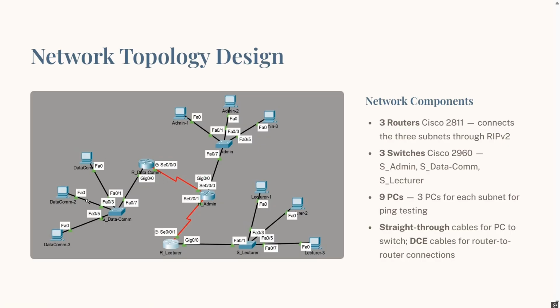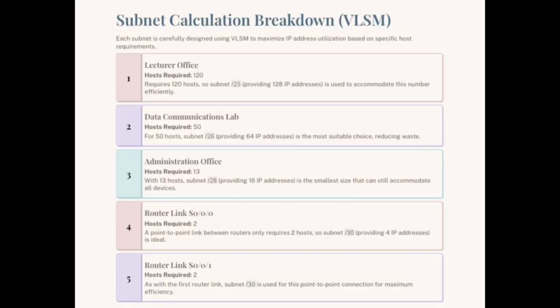Yang ketiga, 9 PC and 3 PC for each subnet for ping testing. 4 straight through cable for PC to switch, DCE cable for router to router connection.